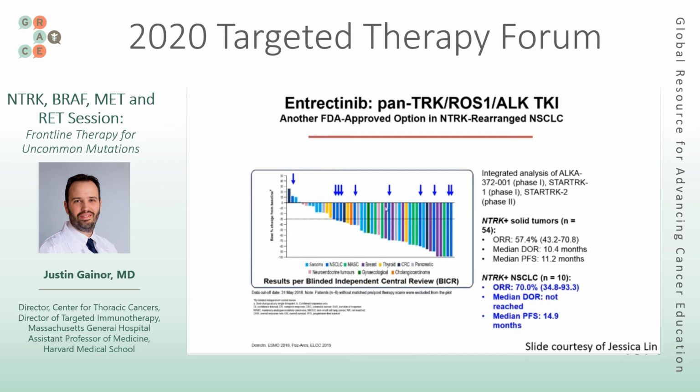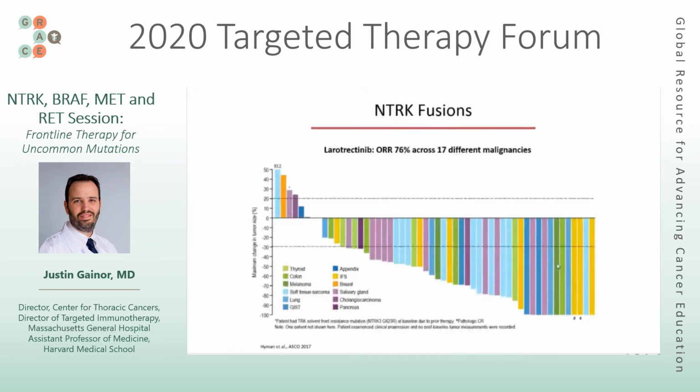These are TRK inhibitors, and you can see in this pan-cancer analysis, each bar representing a different patient, various different cancer types showing very good responses across various solid tumors. So regardless of what type of tumor, it seems like patients were responding to the TRK inhibitor entrectinib, and in lung cancer, 70% had a response.